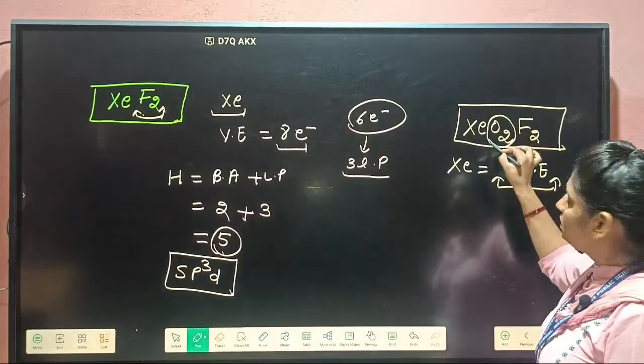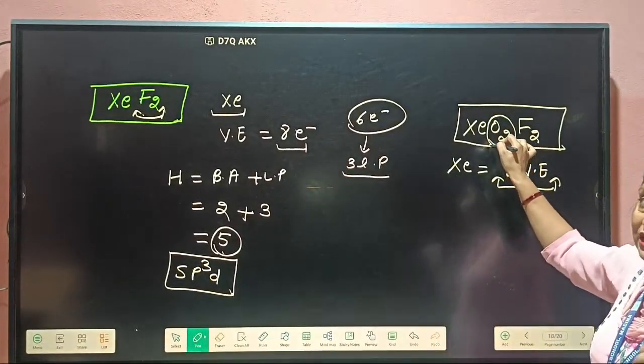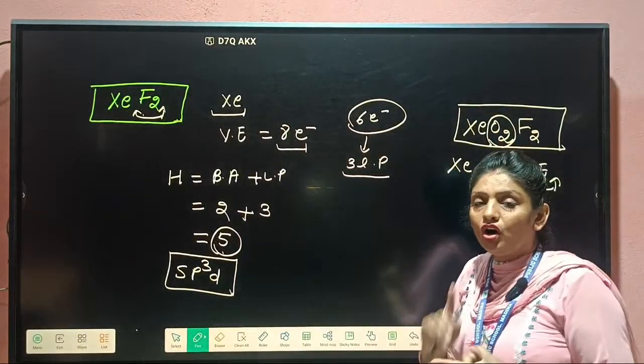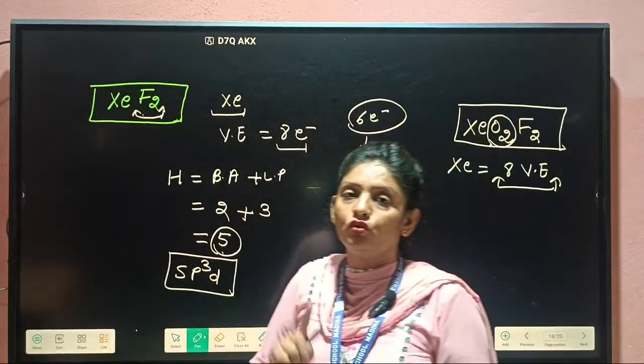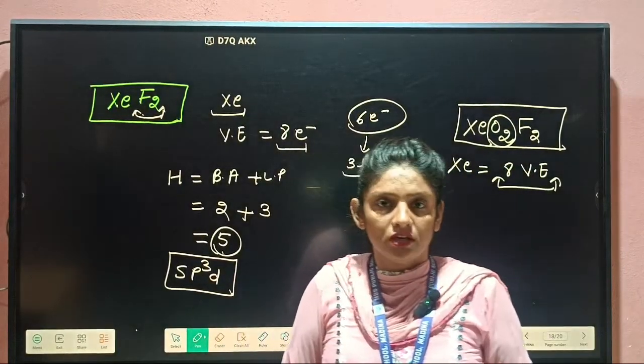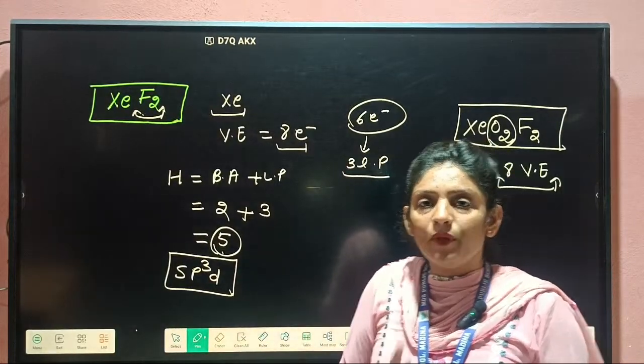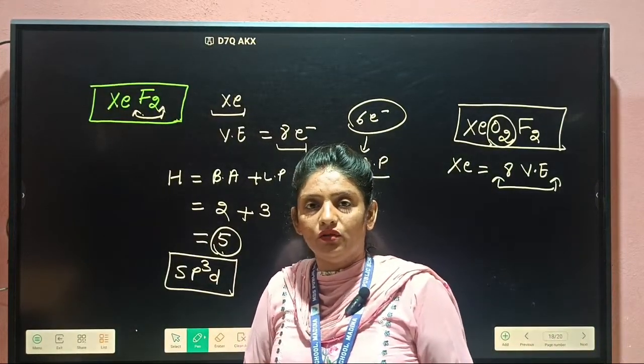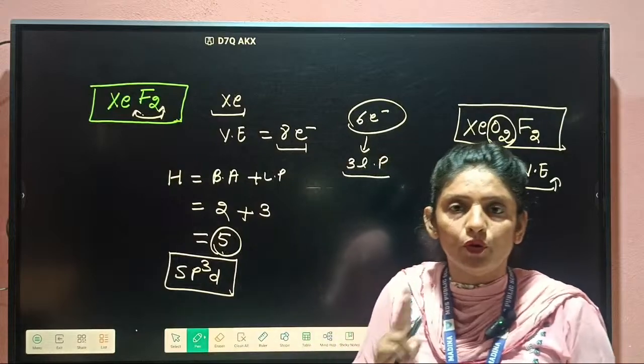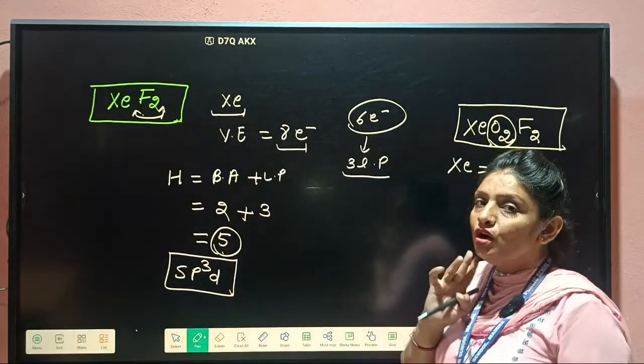Here there are 2 oxygens, try to understand. You know very well that 1 oxygen has the tendency to form 2 bonds, oxygen is bivalent. So 2 oxygens can form 4 bonds.